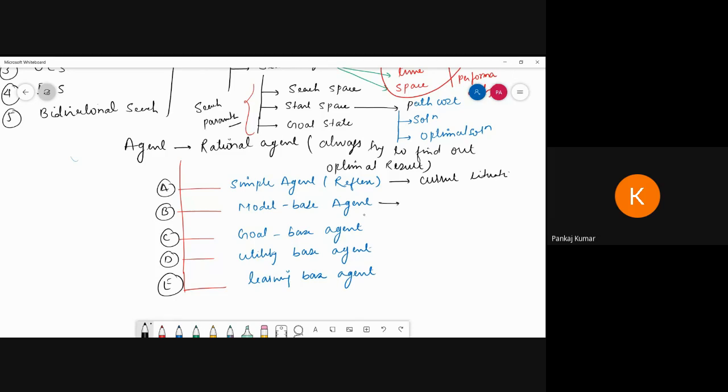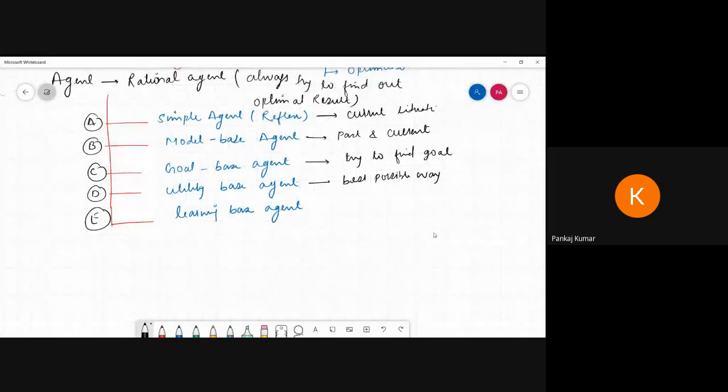The model based agent works on a little bit of past and current. The goal based agent always tries to find the goal, and the utility based agent finds the best possible way to find the goal.